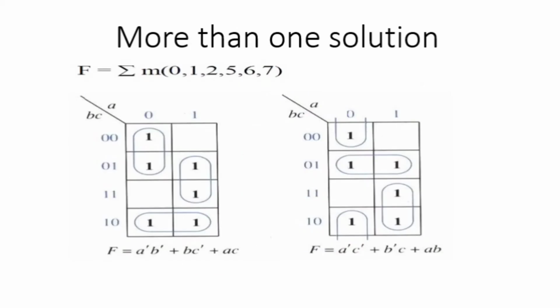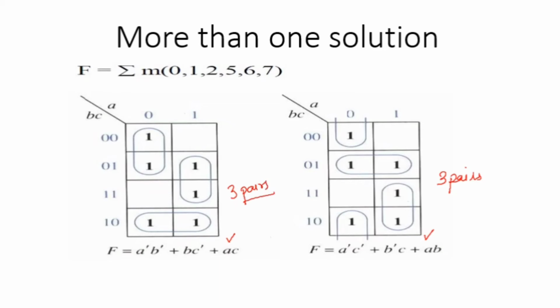So next slide. A single K-map can have more than one solution, as can be seen from this. Minterms have been entered. As long as both the answers are of the same nature, in this I can easily say that there are three pairs. Here also there are three pairs.